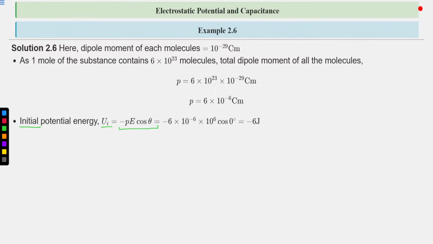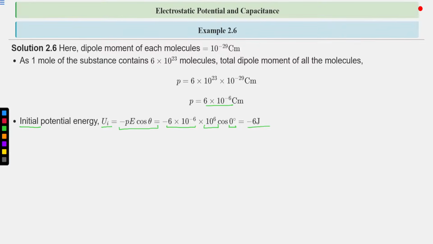So P is 6 into 10 to the power minus 6, and the electric field is 10 to the power 6 volt per meter. Since they are aligned in the direction of the electric field initially, the angle between them is 0 degrees. So the initial potential energy is minus 6 joule.